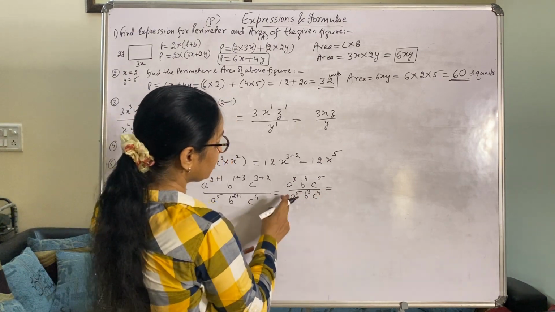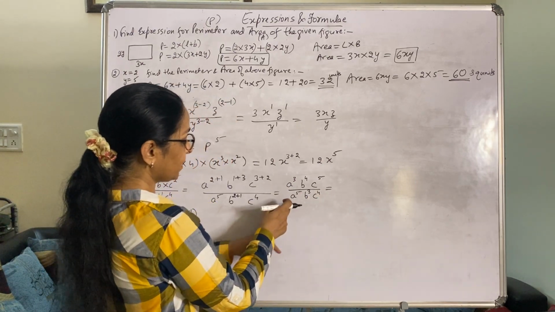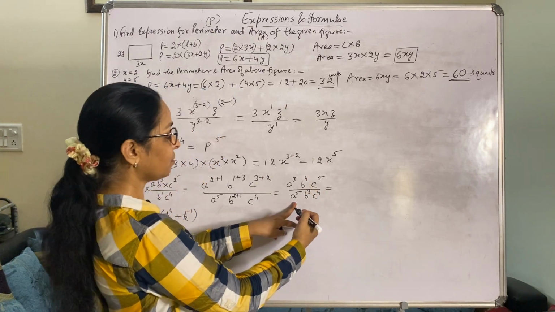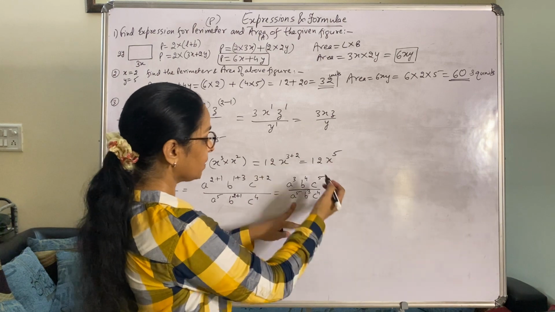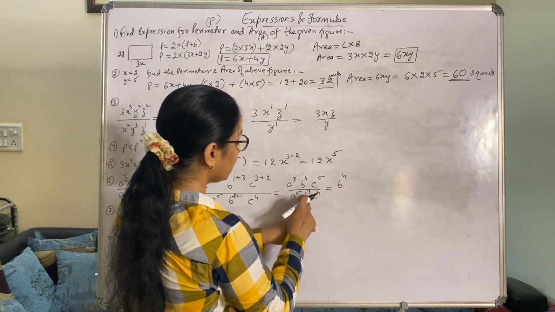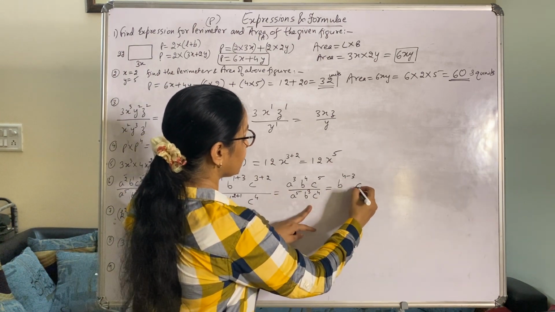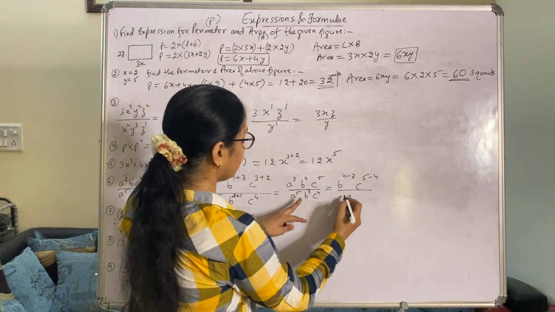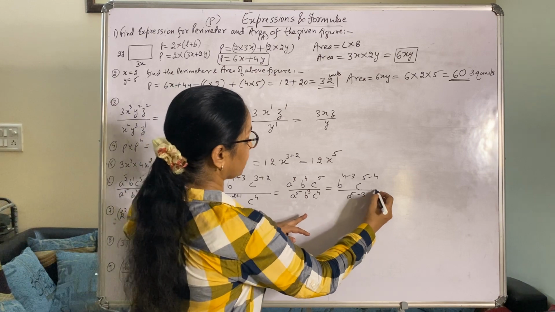Now my numerator and denominator powers I will see, and accordingly I will do the subtraction, correct? So in a we know that power is greater in denominator, so that a I will shift down, and b and c we can take up only. So b raised to 4 minus 3, c raised to 5 minus 4, and here a raised to 5 minus 3.